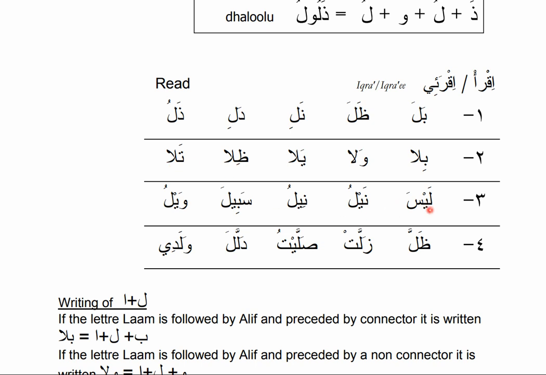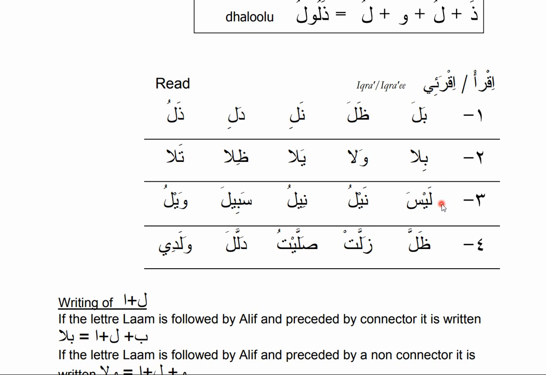Now we have the long vowel, but can you see, is it a long vowel or is it coming as a letter? By seeing the sukoon over the ya, you know that it's not a long vowel. If it had been a long vowel, there wouldn't have been a sukoon over it. So it's just coming as a letter, as you can visibly see the sukoon here.